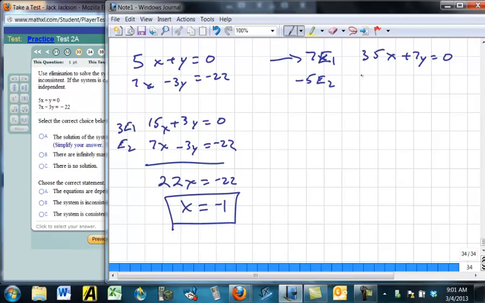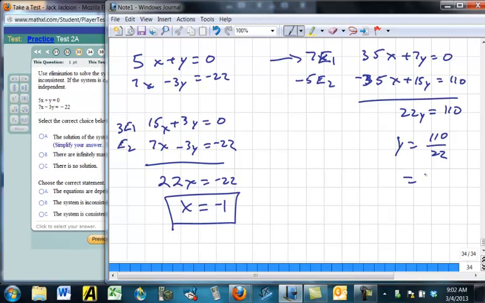And multiply by negative 5 here, I get negative 35x plus 15y equals positive 110. And this is 22y. So y is 110 over 22. I cancel 11 out. This is 10 over 2, and that's 5. So y is 5. So we get the ordered pair negative 1, 5.